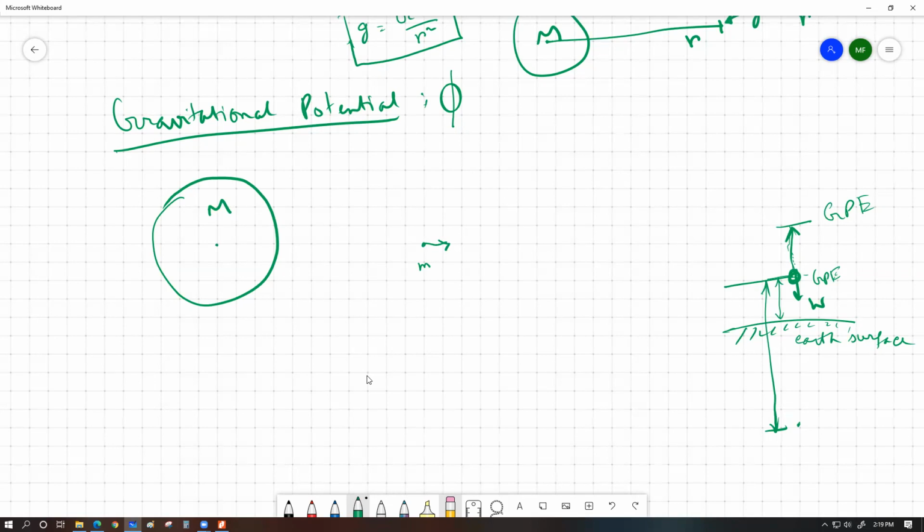Let's say eventually we take the object at infinite distance. So let's say this much distance is r, and let's say this much distance is infinite distance.